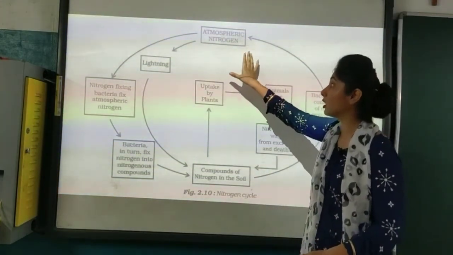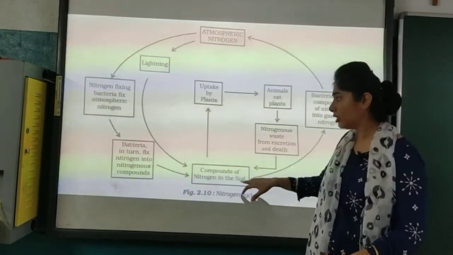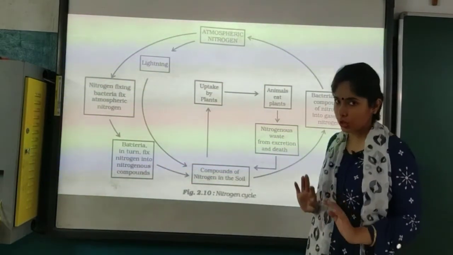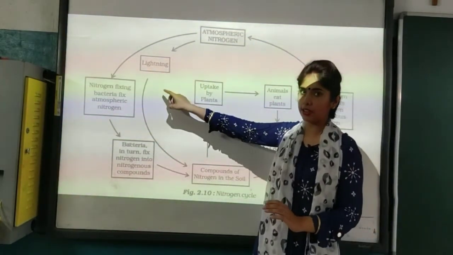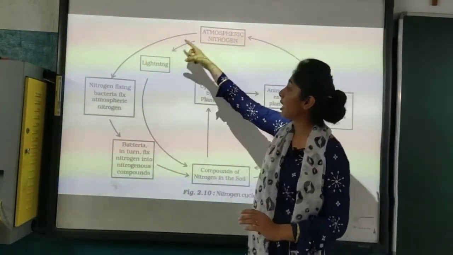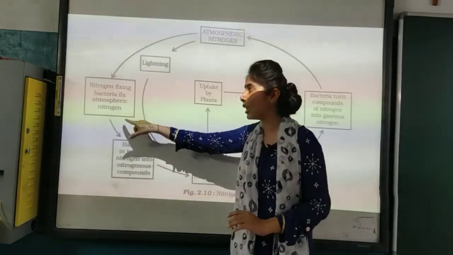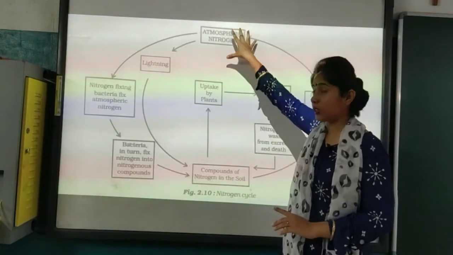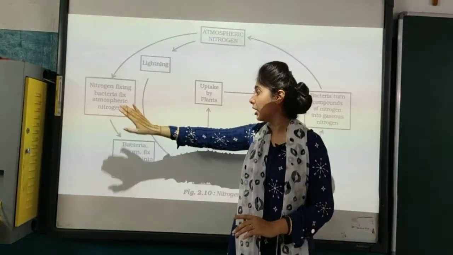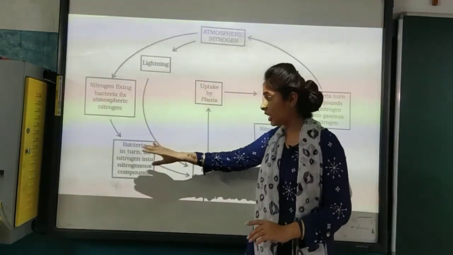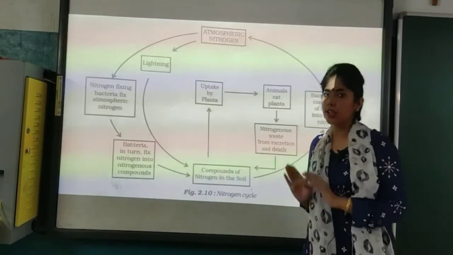Atmospheric nitrogen is fixed by lightning directly, and compounds of nitrogen occur in the soil. The direct method is lightning. Now the second method is that nitrogen fixing bacteria fix atmospheric nitrogen. The bacteria in turn fix nitrogen into nitrogenous compounds.